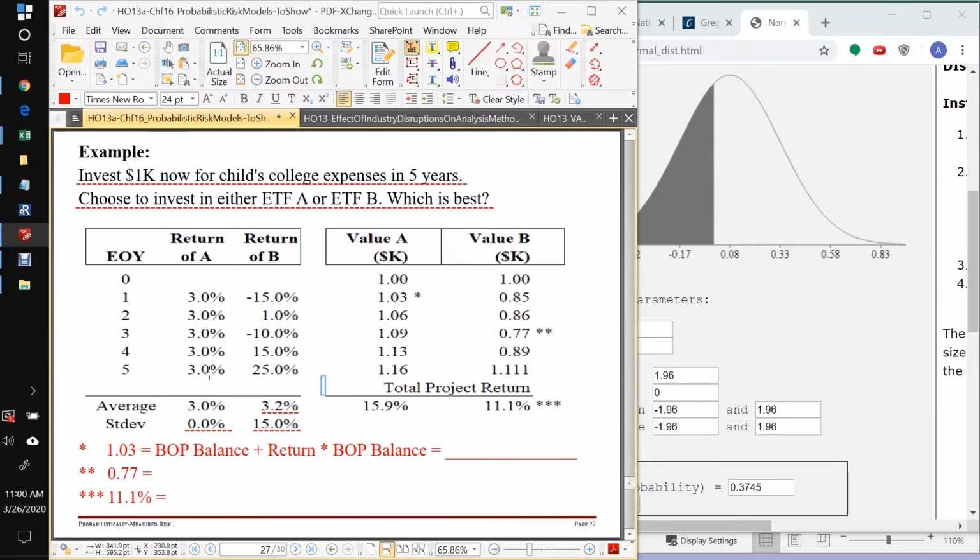It's returning 3% a year no matter what, no ifs, ands, or buts about it. Okay, so ETF A might be something that invests only in treasuries. And B, you can see it's very, very volatile, minus 15%, 1%, minus 10%, 15%, 25%. So if we take the standard deviation of that, we get 15%.